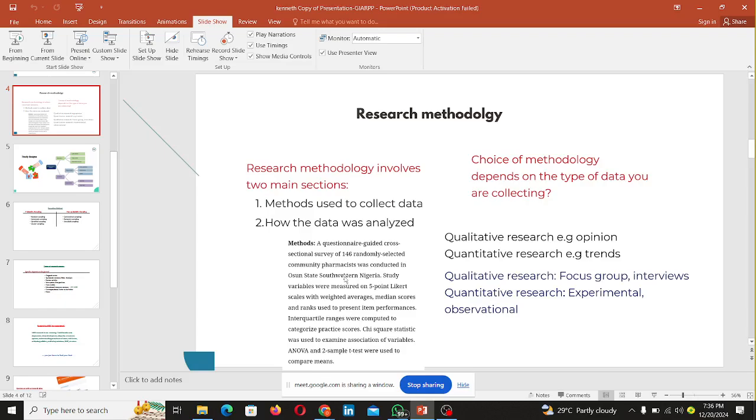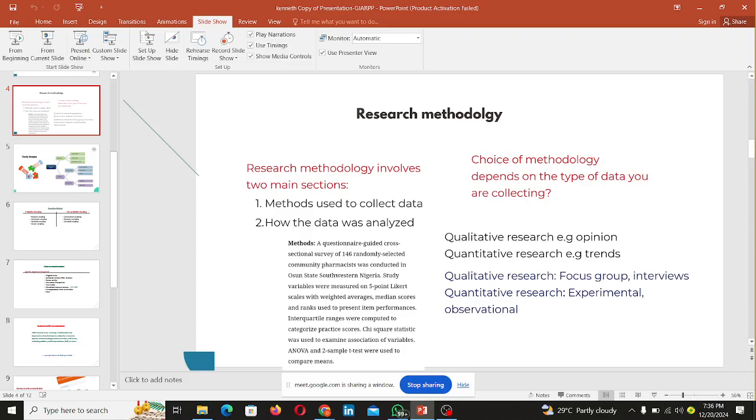So most times people engage in qualitative research because it helps you gain an understanding of what people feel about a particular scenario. It can give you a deep understanding of what a particular set of people feel about a particular issue, where quantitative research may not really help you.